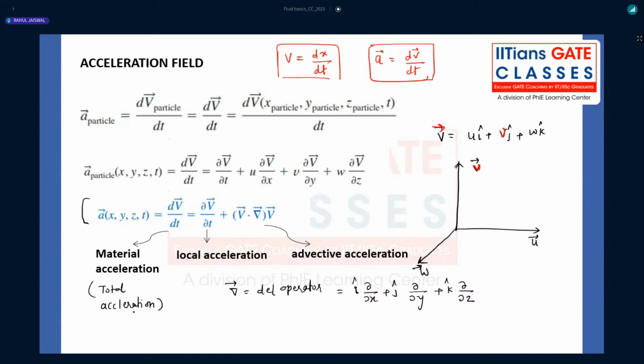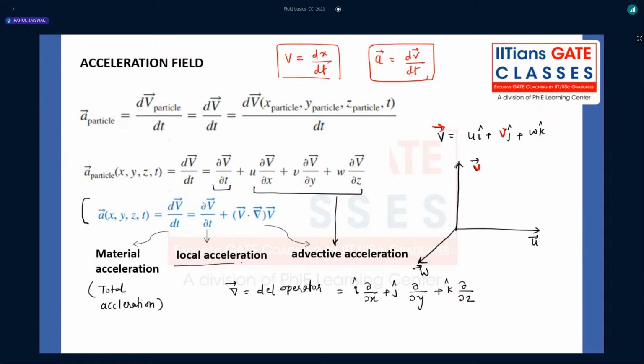Now, what is the meaning of advective or convective acceleration, and what is the meaning of local acceleration? That is what we have to study. Looking at the picture, this part of the component we call advective acceleration or convective acceleration. This part we are calling local acceleration. What is the meaning of acceleration? Change in velocity with respect to time.